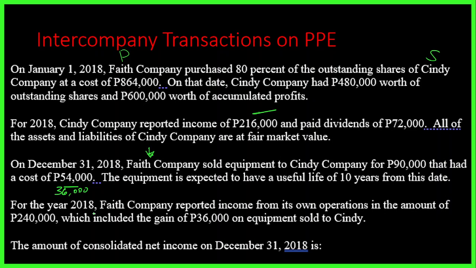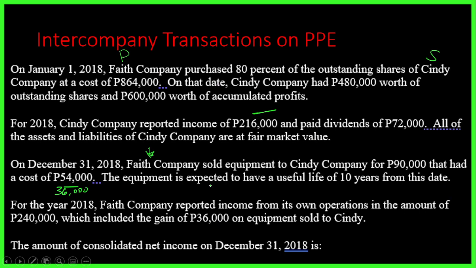For this year, 2018, Fate Company reported income. Who is Fate again? Fate is the parent. From its own operation, in the amount of 240,000, which included the gain of 36 on the equipment sold to Cindy. So what is now the consolidated net income?